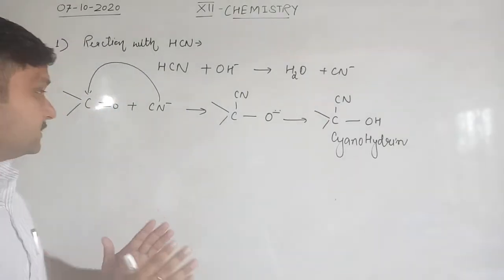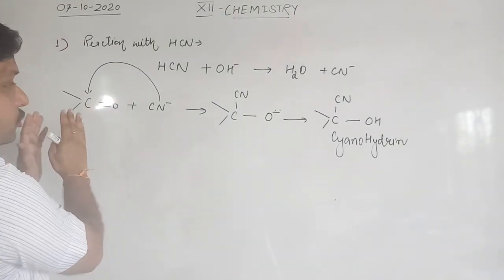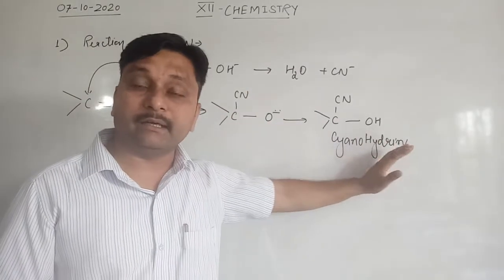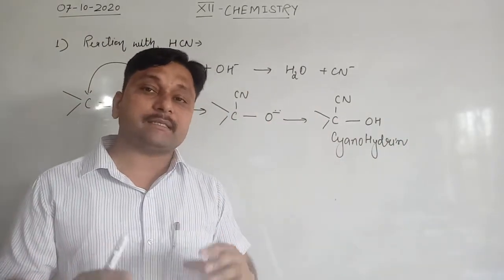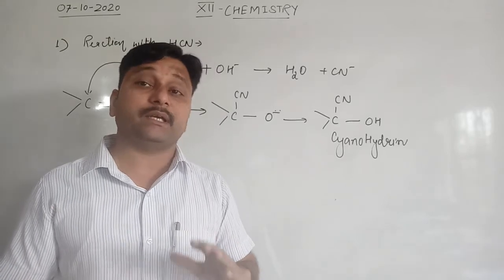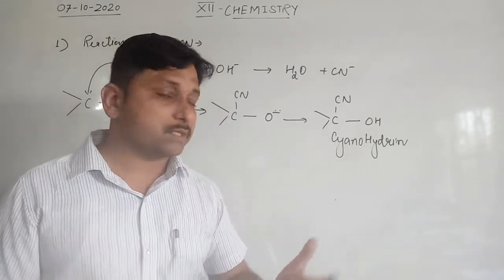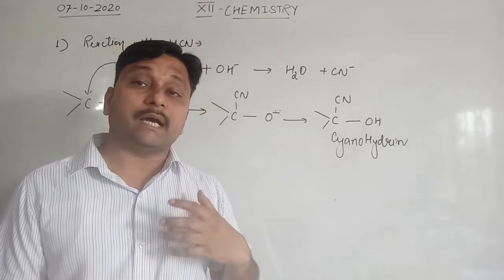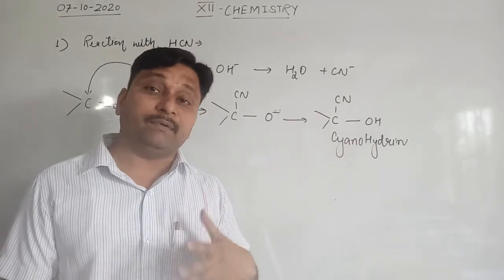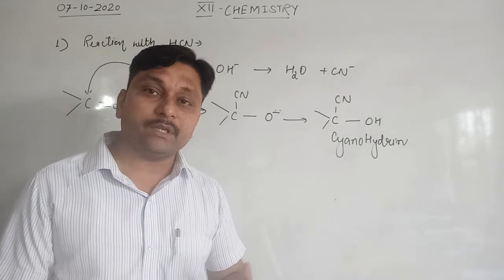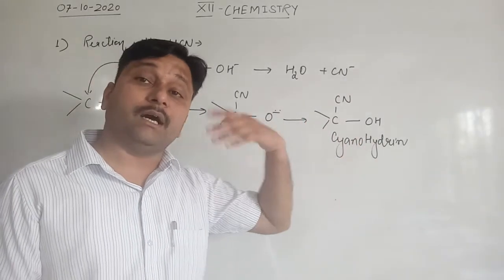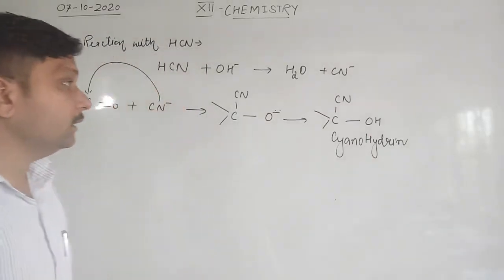So simply we can say aldehydes or ketones, when they react with cyanide ion, convert into cyanohydrin. Actually, these cyanohydrins can be used to make a number of chemical compounds. They convert into a number of alpha-hydroxy carboxylic acids. Clear? So there are a number of applications of cyanohydrin in other chemical compounds.